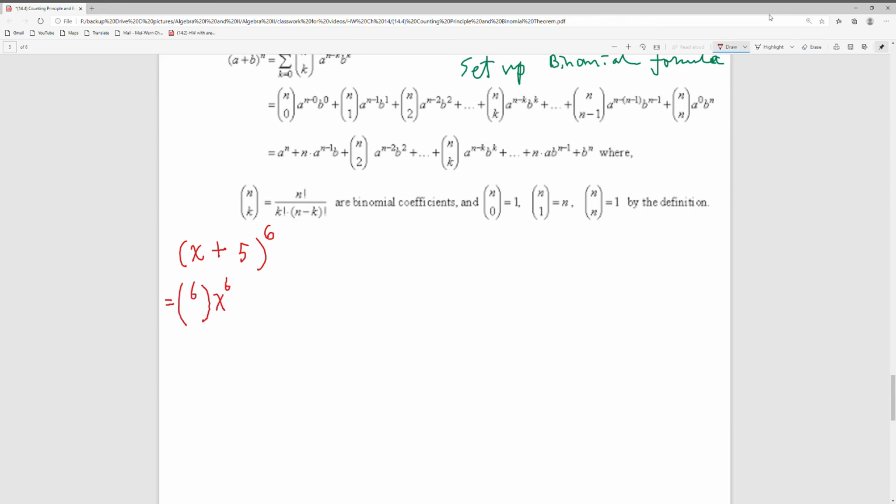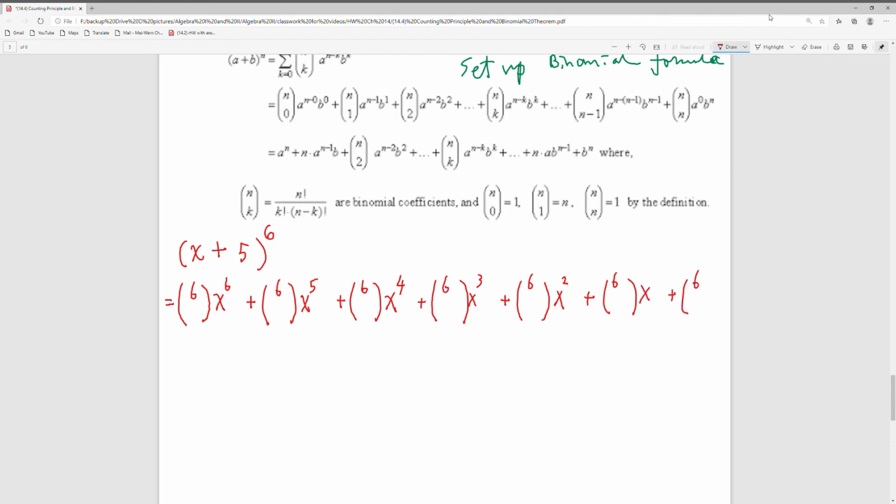So let me do this a little smaller. x^6 plus 6 choose 5, plus 6 choose 4, and I leave space for 5. Okay. 6 x^3, 6 x^2, 6 x, plus 6, and x is 0 degree, right?